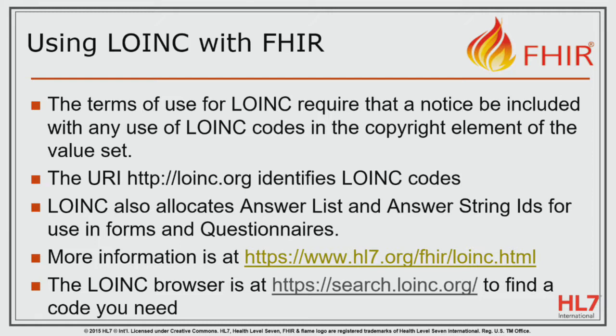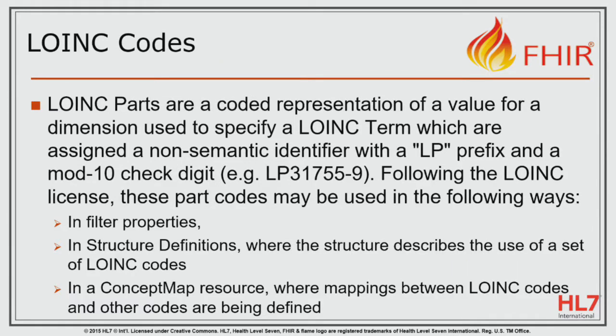All right. Now, LOINC is very specific about how their codes are formatted. Because they hold very tight copyright and very tight licensing, you must use them the way they are. A LOINC code starts with LP. I don't know what somebody else remembers for the LOINC part. Yeah. And the check digit at the end.